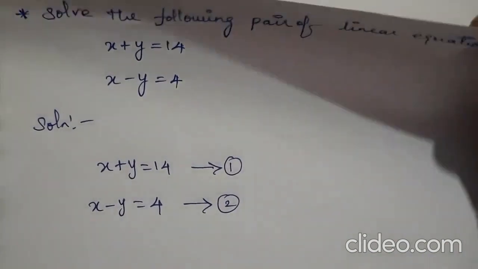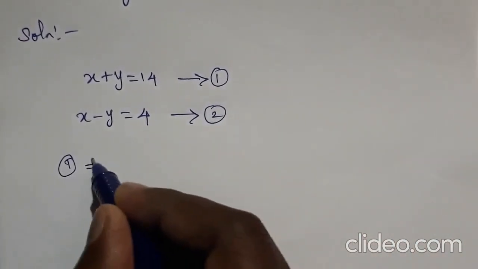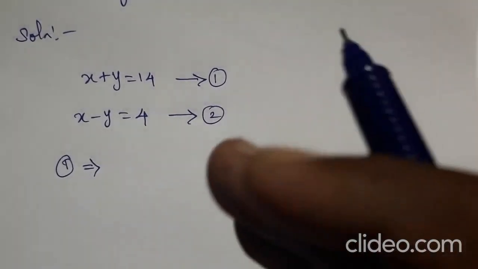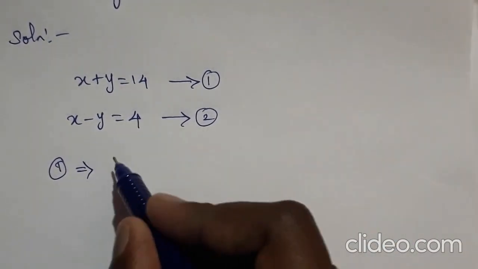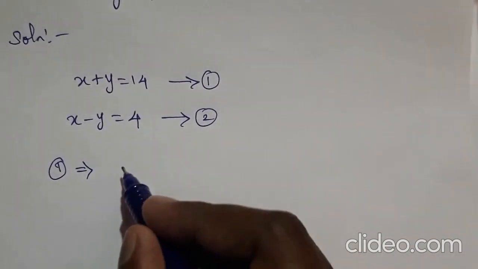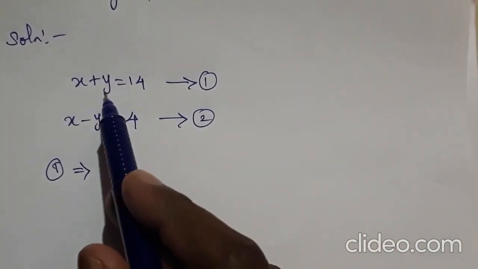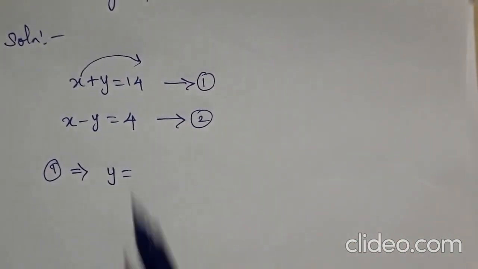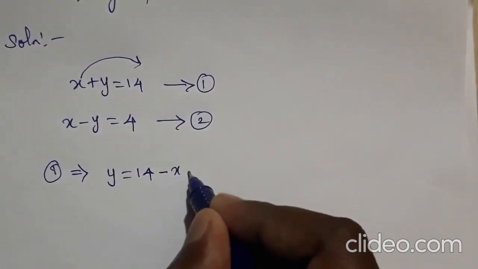Next step, from the first equation I am taking one variable and transferring it to the right hand side. If I need the y value, I keep y on the left hand side. So y is equal to, from equation 1, this x I am taking to the right hand side. So plus x, when it goes to the right hand side, you will get 14 minus x.